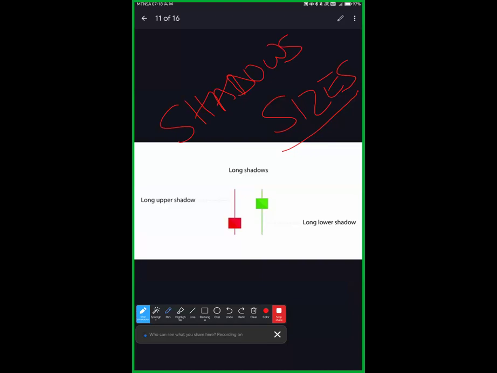Is there any significance when you see a candle having a short lower shadow and a long upper shadow? When you see a candlestick having a short upper shadow and a long lower shadow, what is the significance of shadows?